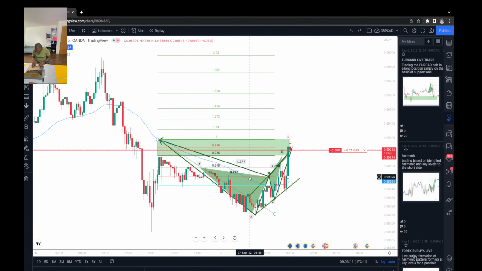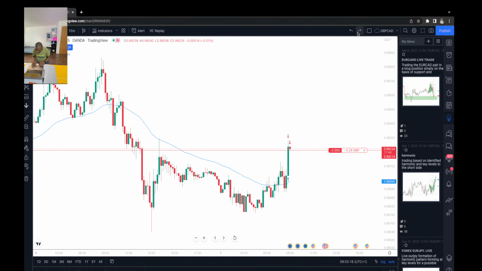So it wasn't a back, sorry, I'm confusing myself. The first pattern that we've seen is a butterfly pattern, not the back pattern, sorry.